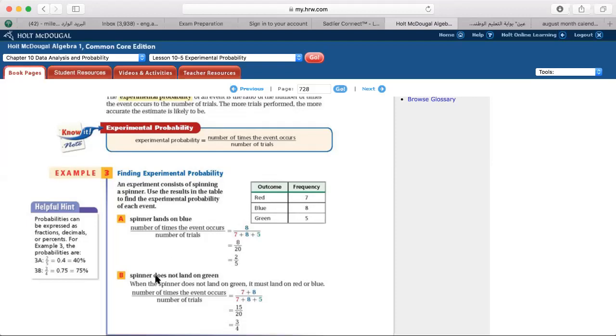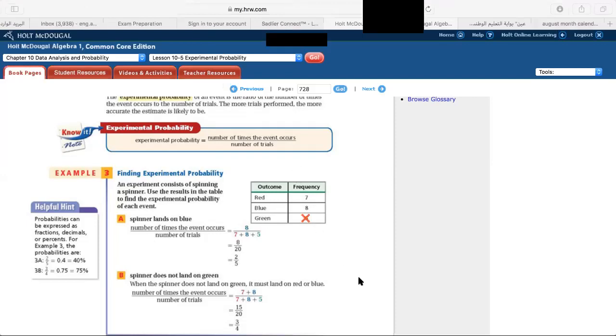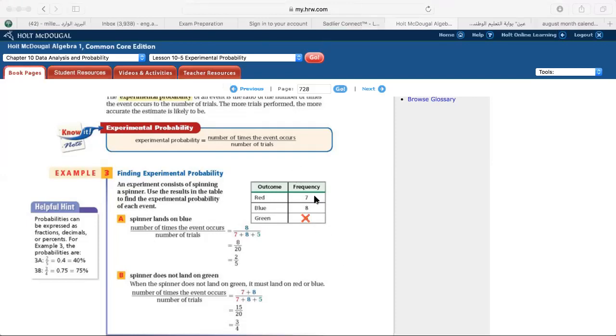B. Spinner doesn't land on green. So it doesn't land on green, so it lands on red and blue. I will add up in the numerator red and blue, 7 and 8.